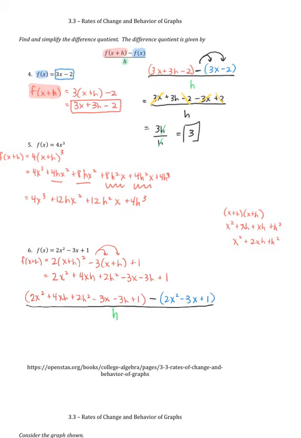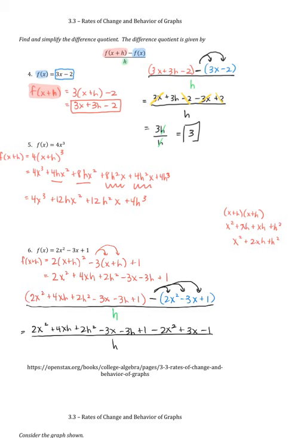Okay, and so now we're going to distribute this negative to the three terms in blue. And so that'll give us 2x squared plus 4xh plus 2h squared minus 3x minus 3h plus 1 minus 2x squared plus 3x minus 1 all over h.